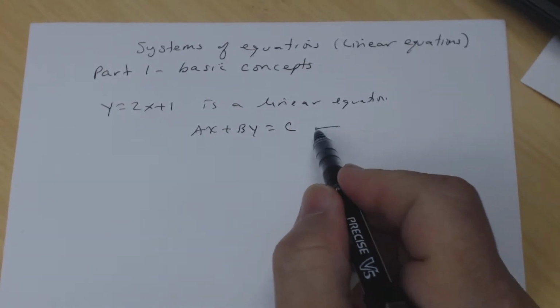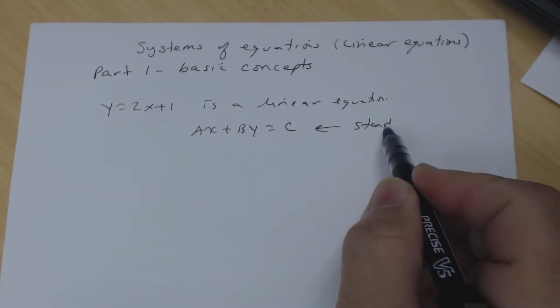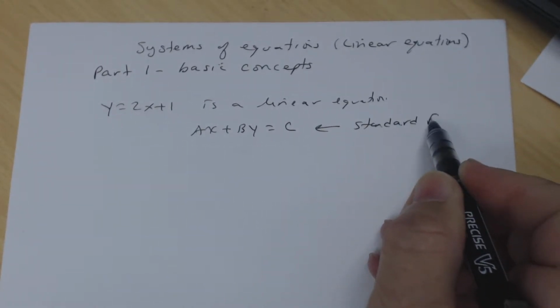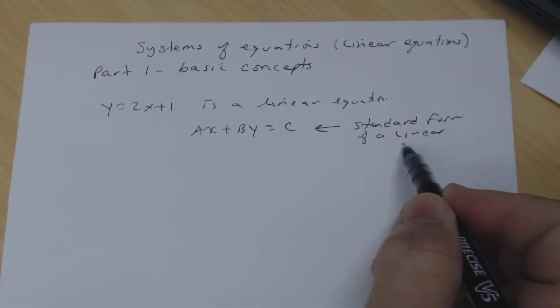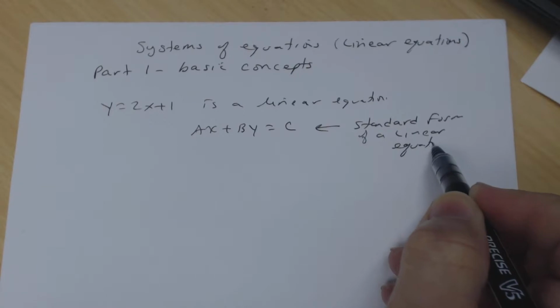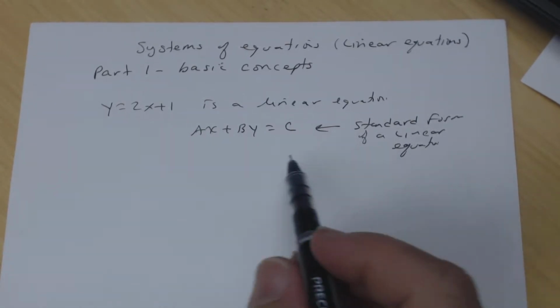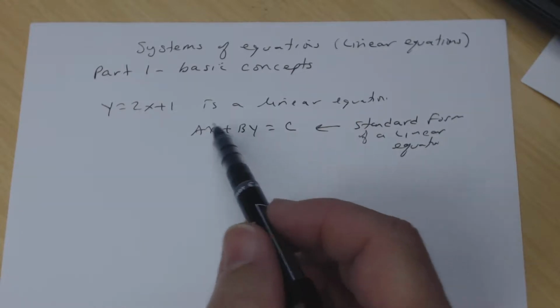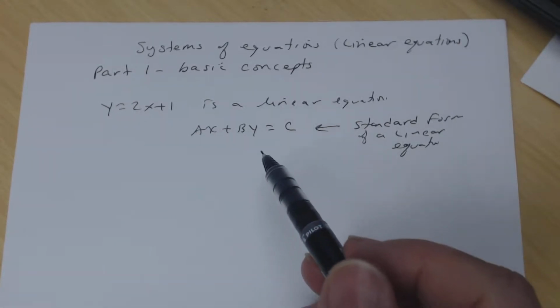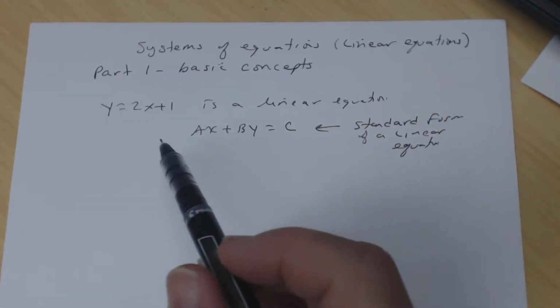And remember, this is called standard form of a linear equation. This is in two variables, so you have your variables on the left and your constant on the right. That would be standard form.